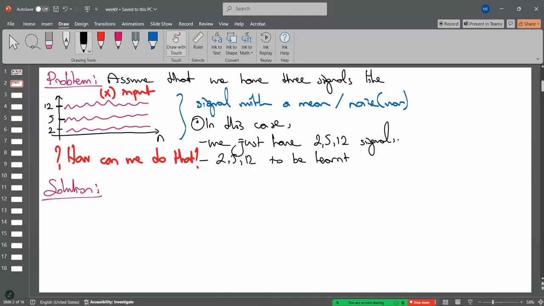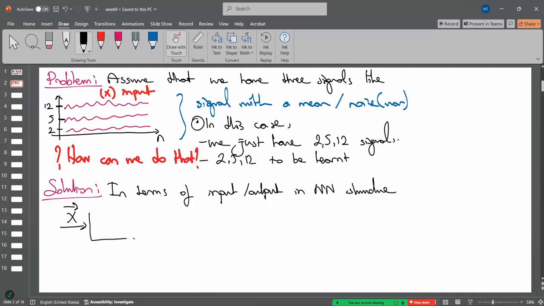Firstly, we need to understand the coding in terms of the input and output in a structure, which can be given just like this one. If we have any x vector in here, if we want to learn this x, we need to build the neural network in here, just like this one, and also we need to output or generate the same x values in here.